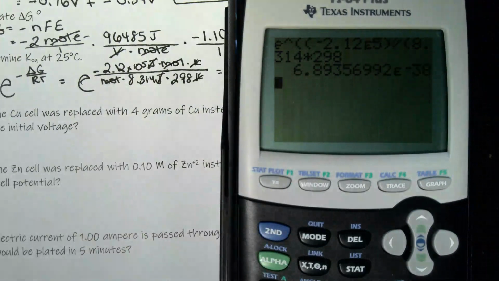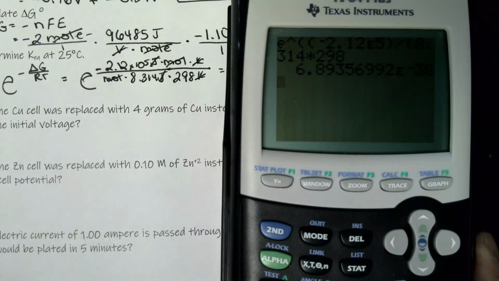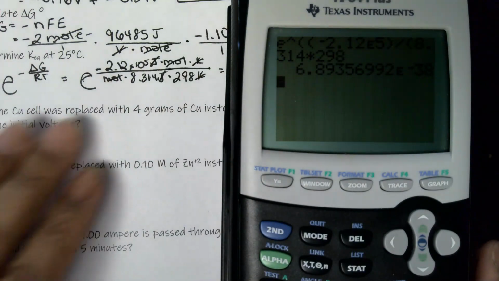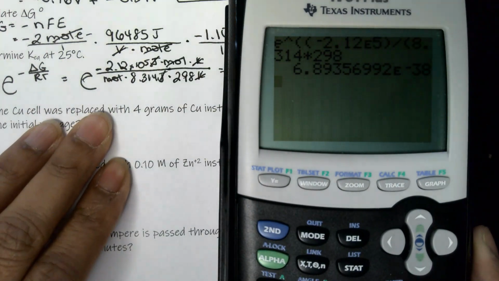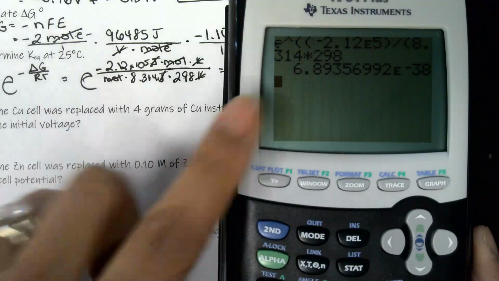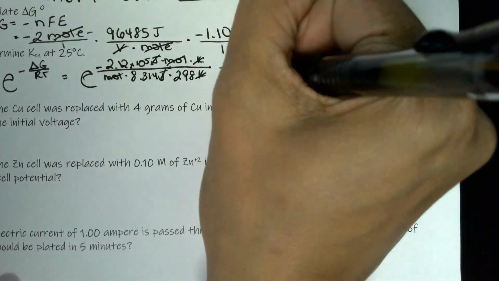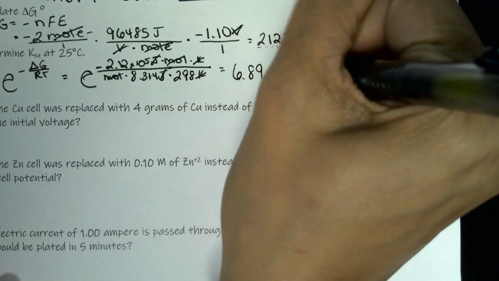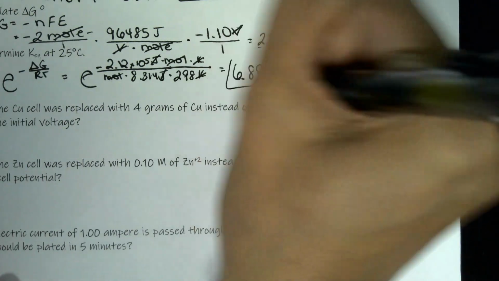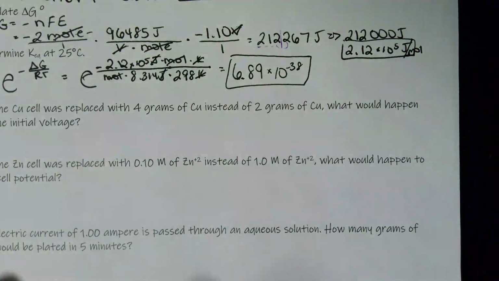And just before I forget, this should be a small value, right? Because K should be very, very much less than 1 because it's not a spontaneous reaction. I'm looking at 3 sig figs, so 6.89 times 10 to the negative 38. And again, no units for that.